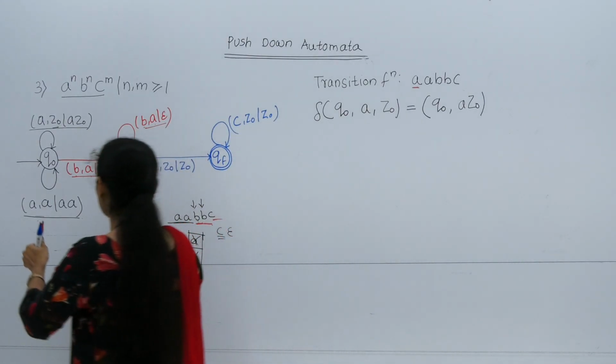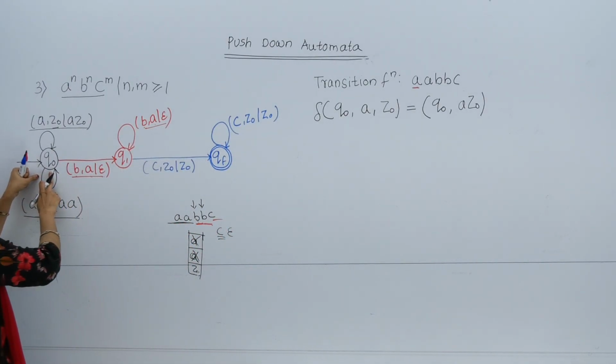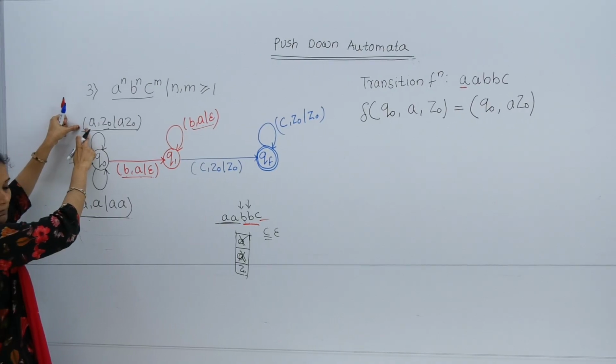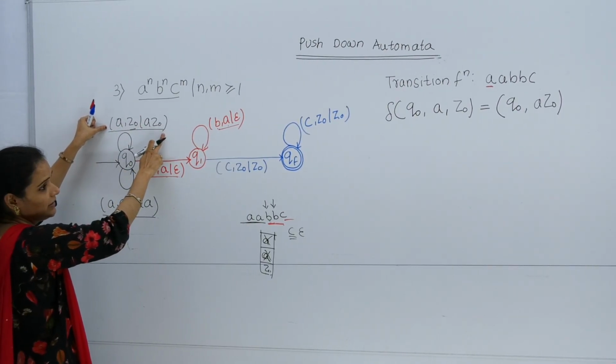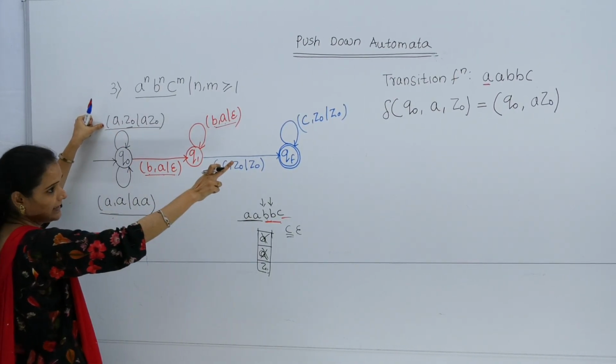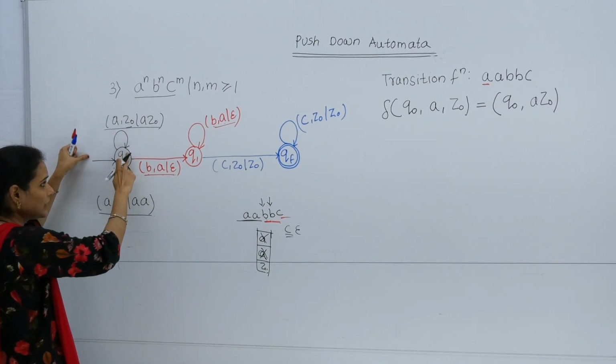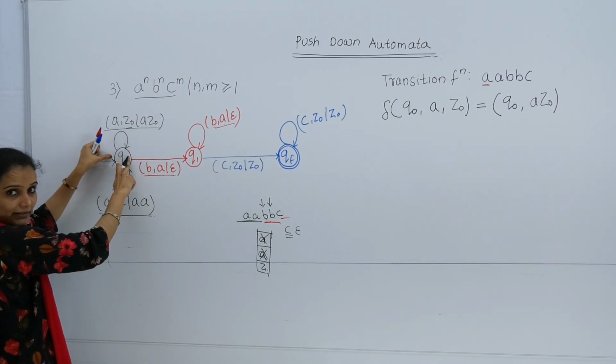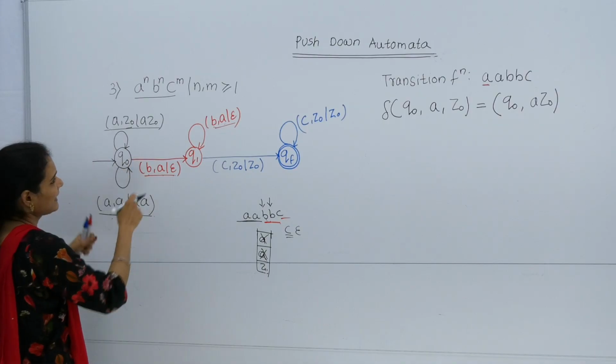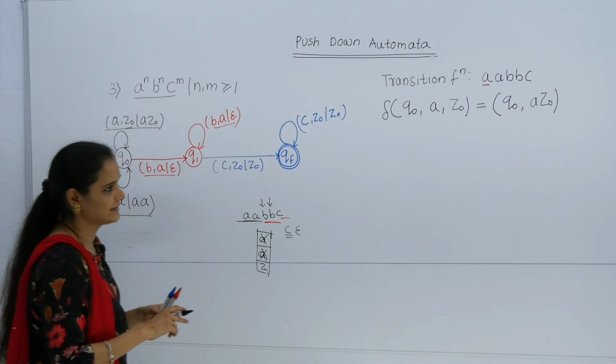See here, students, we are at the Q0 state. The first A is pushed by using that particular condition. So first A, top of the stack Z0. By applying that loop, we reached the Q0 state and the stack contents look like A Z0.